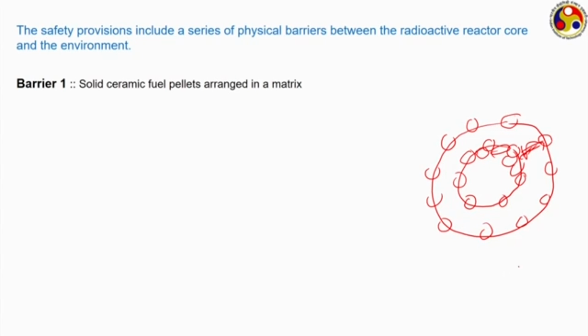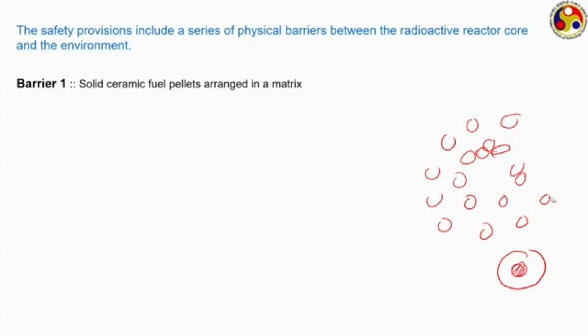It may also happen that, in an individual fuel pellet or fuel rod, all the fissionable elements inside are not participating in the fission reaction simultaneously. It may happen that only the inner core participates, and therefore all the corresponding fission products get stuck inside this single fuel rod itself. This is what is referred to as the first barrier. The ceramic fuel rods are the most important contributor as a part of this first barrier.